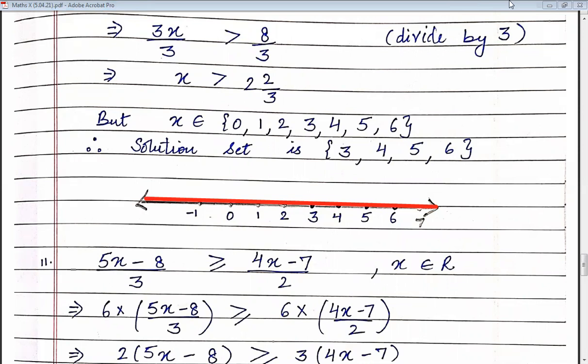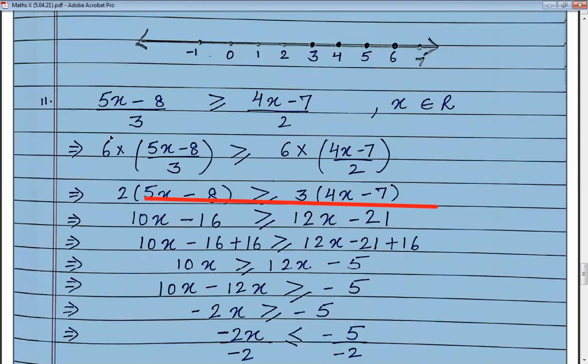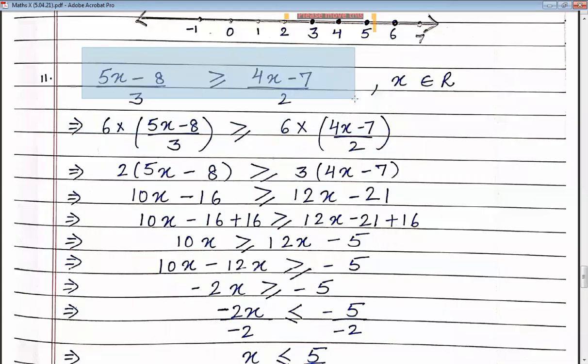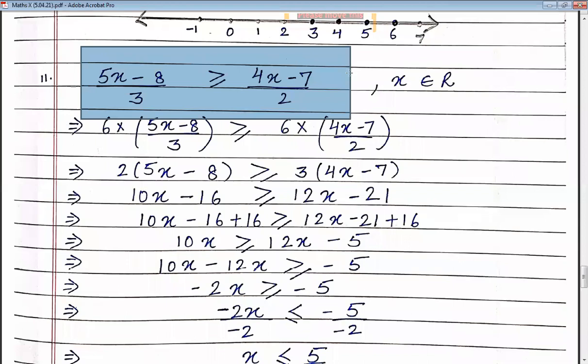Okay students. So now let's move on to our another question, that is question number 11. Question number 11 is (5x minus 8) upon 3 is greater than or equal to (4x minus 7) upon 2.